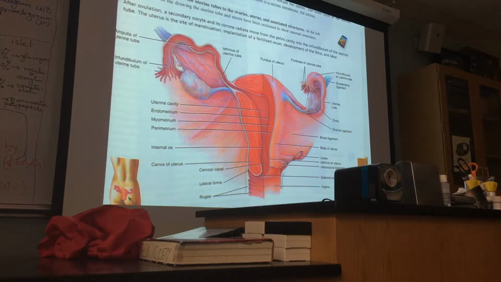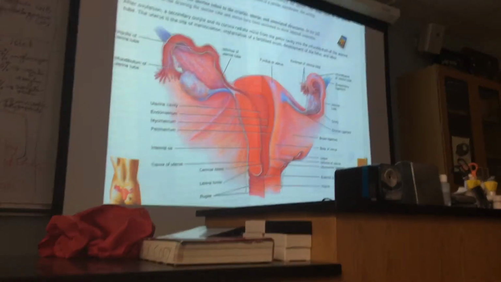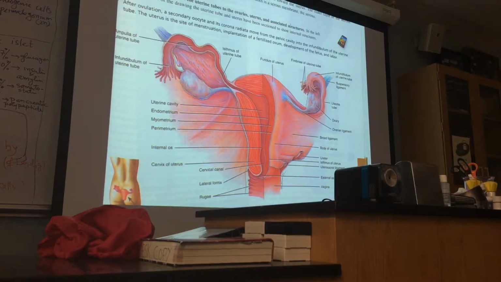This is female, and then next one is the male reproductive system. You can study from this. These charts are very good charts. Okay.